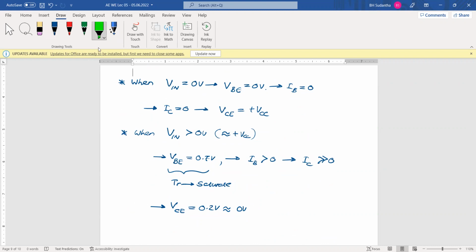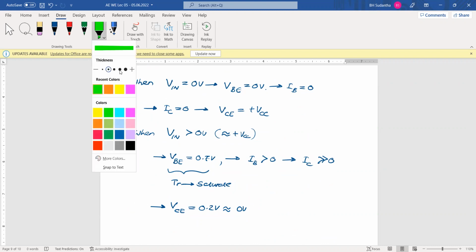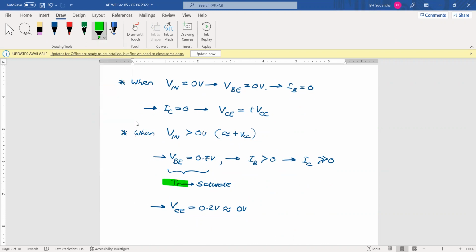Because the transistor is in saturate mode, VC is 0.2.